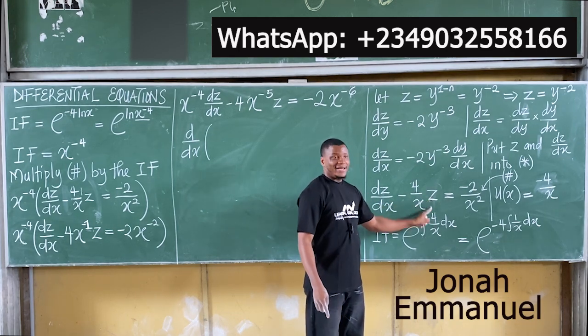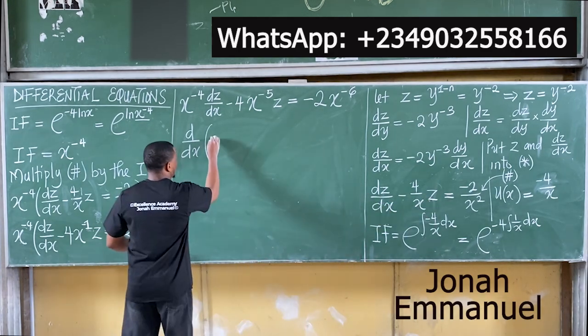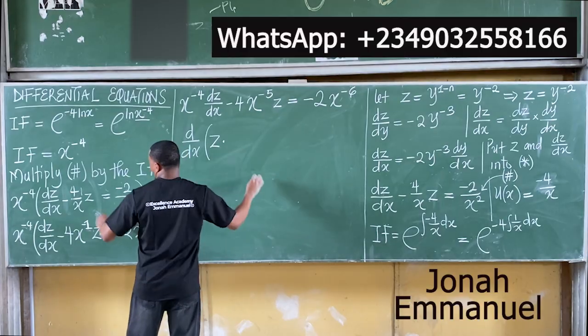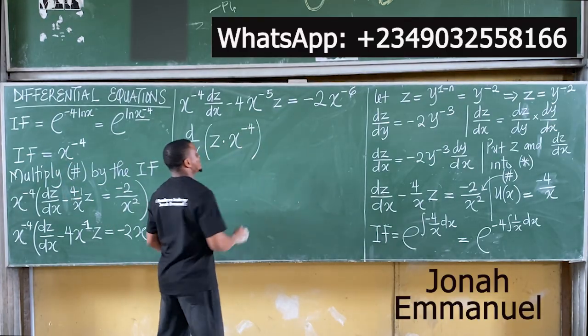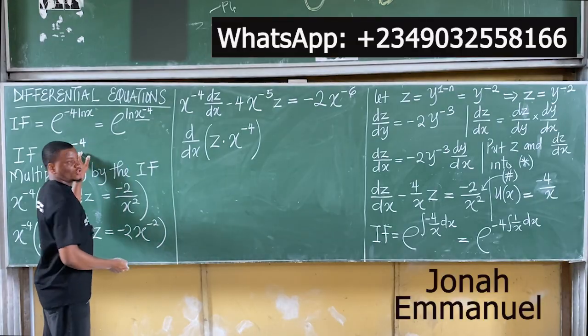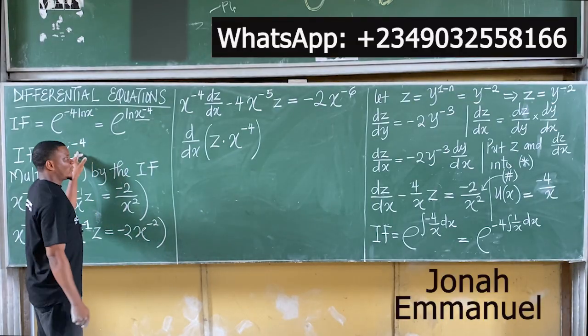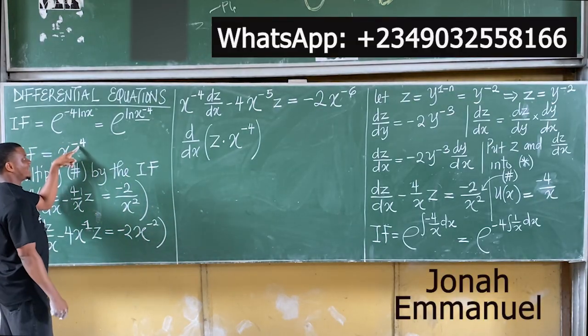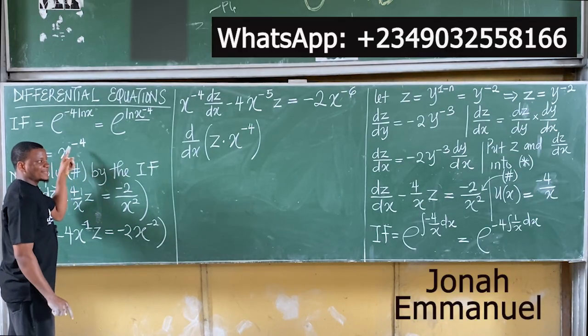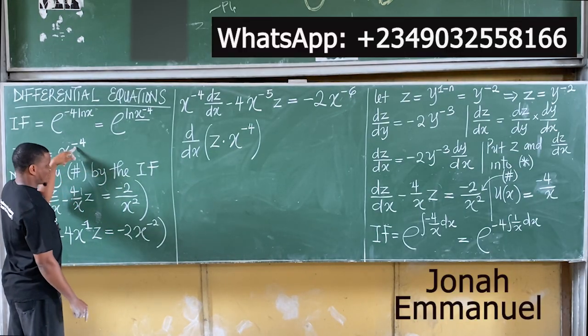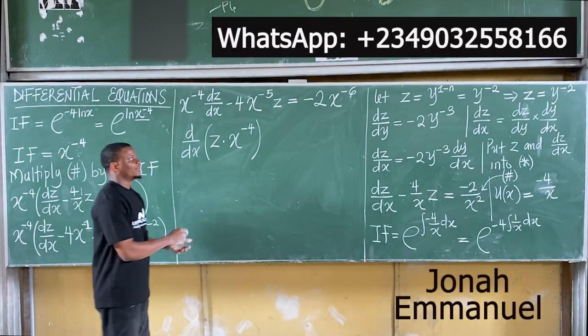But in this case, we have z multiplied by the integrating factor x to the power minus 4. You now see why I said once you get to this point, you're almost done. From here it is simply d over dx of z times this is equal to, I'll just multiply this by the end result and proceed.